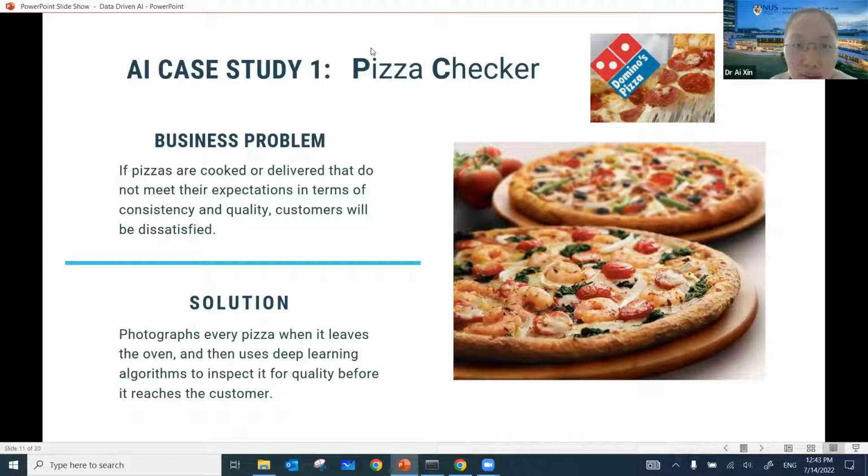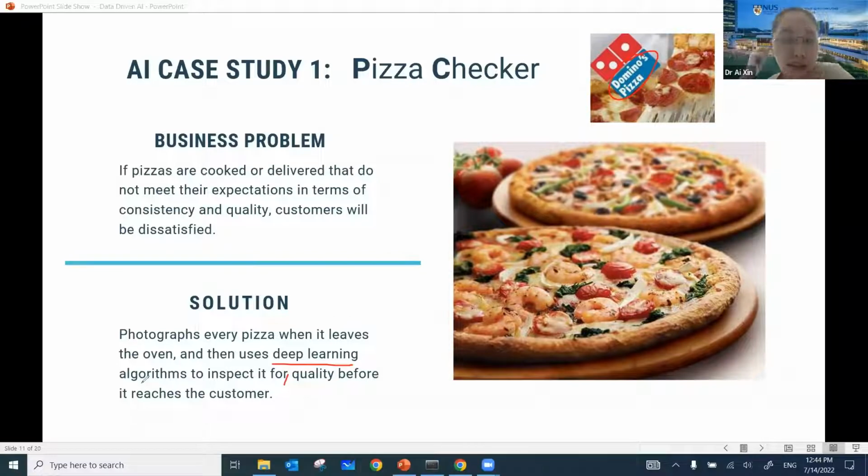Here is an example. We all know Domino's Pizza, right? Domino's actually uses a deep learning model to check their pizza. They take pictures of the pizza and feed them into a deep learning algorithm to check whether the quality of the pizza is satisfactory or not.